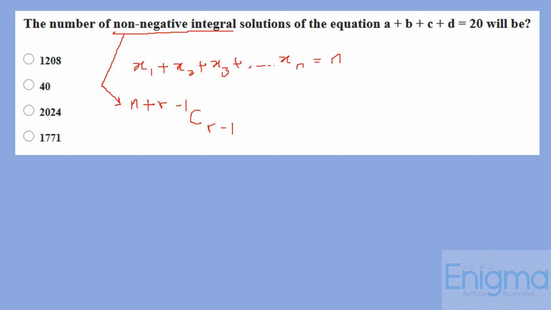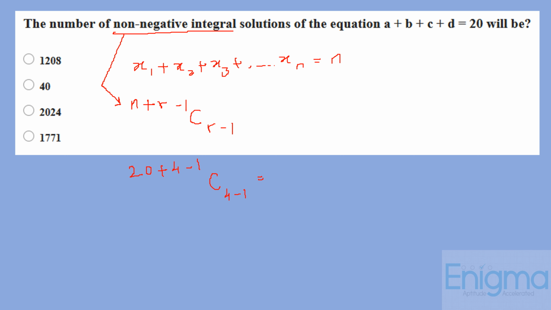So now adapting this formula for our question, n is equal to 20. r, that means number of terms of x, is 4. minus 1. C, 4 minus 1.